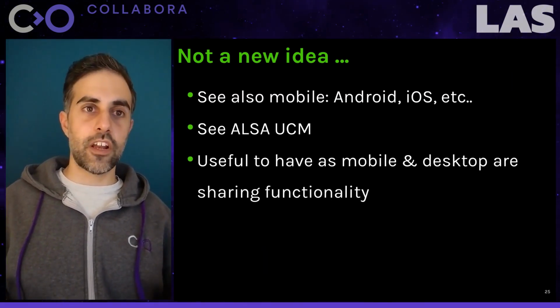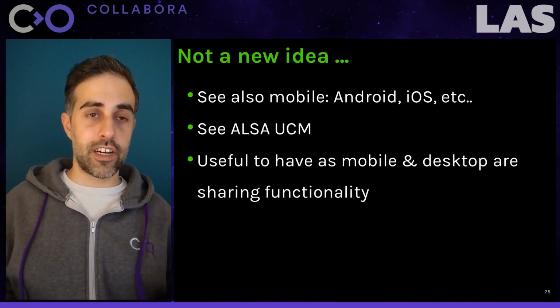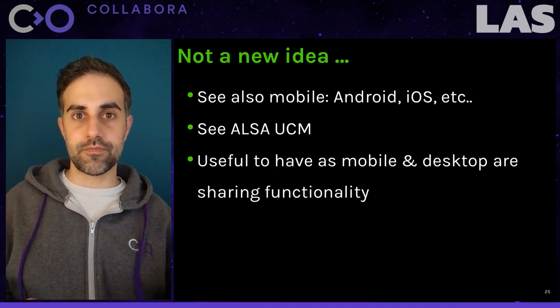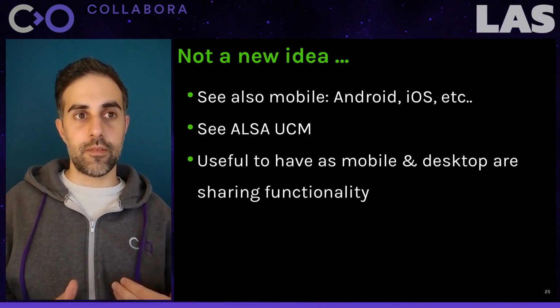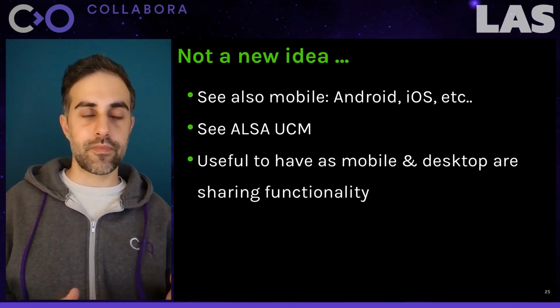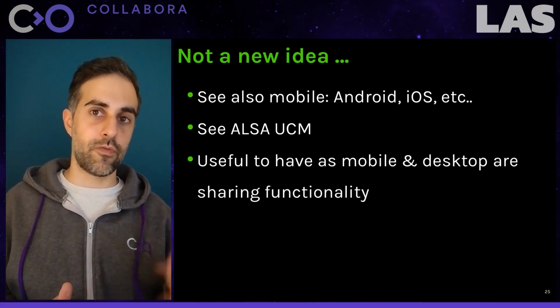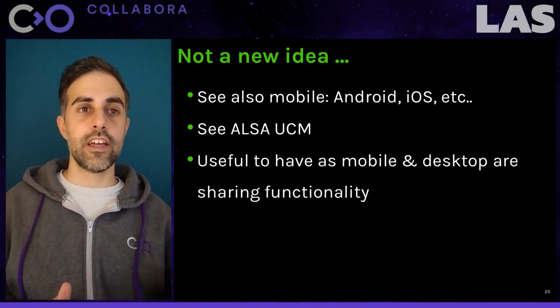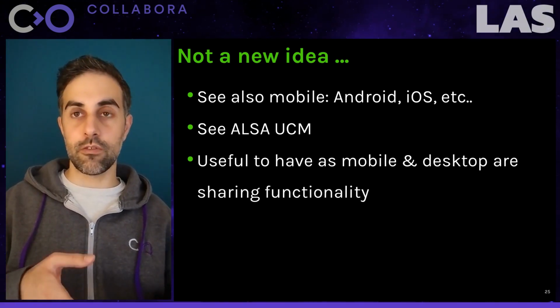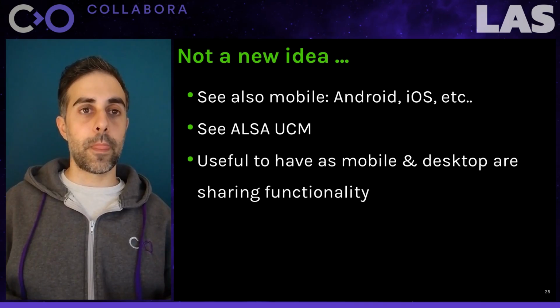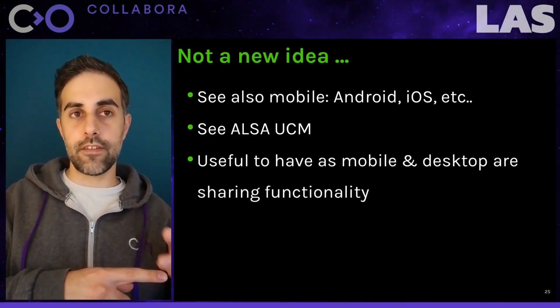And this idea actually comes from the mobile world, where Android, for example, has this notion of a use case. So your music app goes to the media channel, and your phone call goes to the call channel, and your ringtone goes to the ringtone channel. And they all have different volumes, which is something that KDE didn't have.